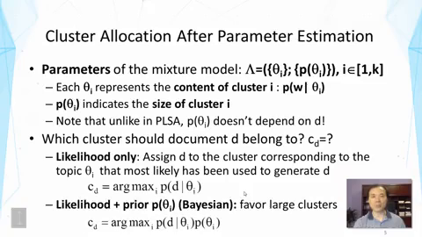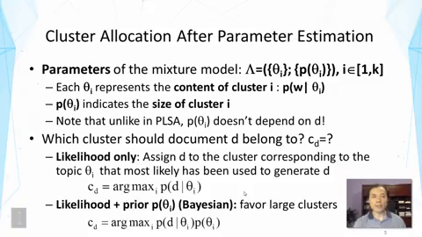If you look at the top terms in this word distribution, they will tell us what the cluster is about. And P of theta i can be interpreted as indicating the size of the cluster, because it tells us how likely a cluster would be used to generate the document. The more likely a cluster is used to generate the document, we can assume the larger the cluster size is.